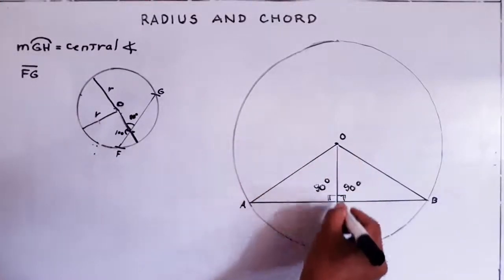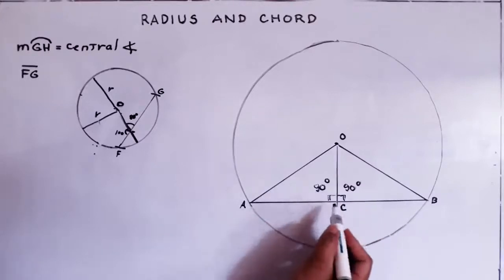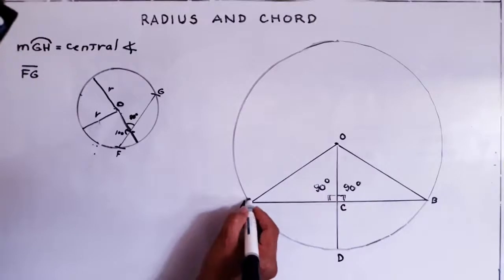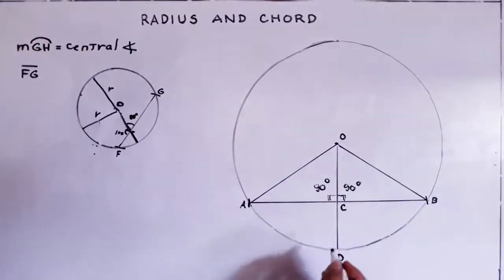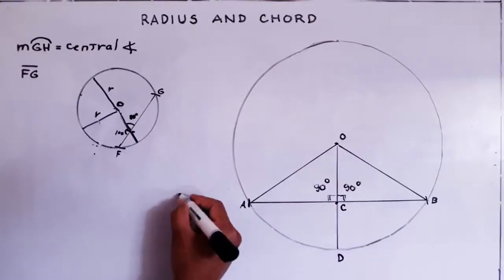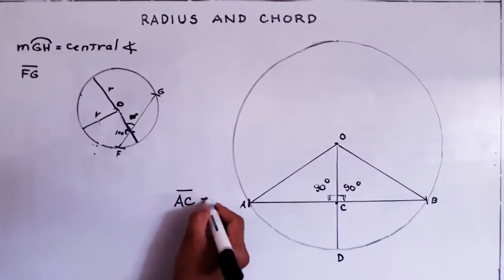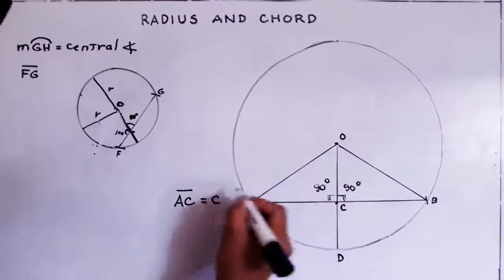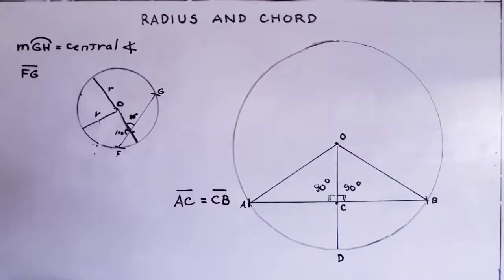If this radius is 90 degrees or perpendicular to the chord here, then the chord AB will be bisected. Meaning, if this is point C, then line segment AC is equal to line segment CB. They are equal in length.